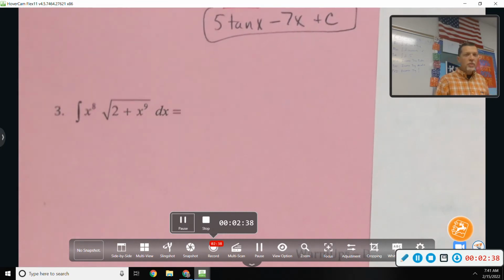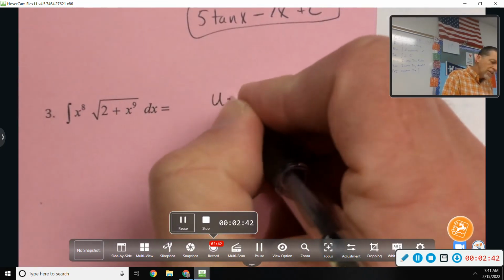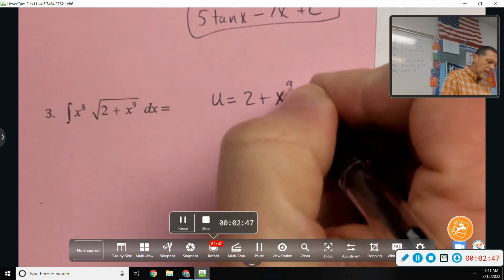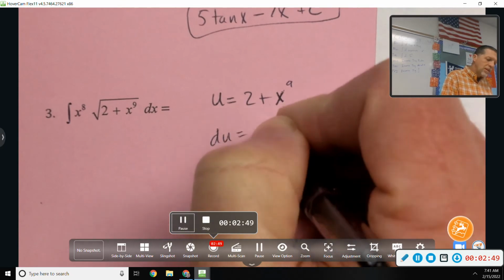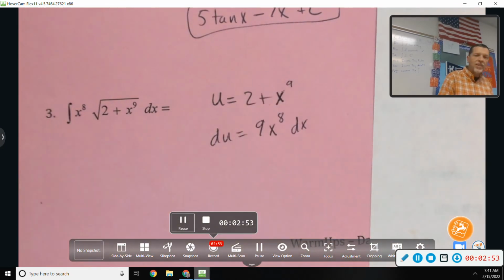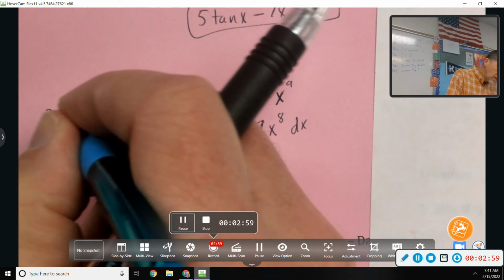3 is supposed to be relatively straightforward, and for some of you it was, because hopefully you recognize if we let u be 2 plus x to the 9th, I mean, x to the 9th is bad, but du is 9x to the 8th, and we have x to the 8th, so this should work out okay if we put a 9 and a 1/9.